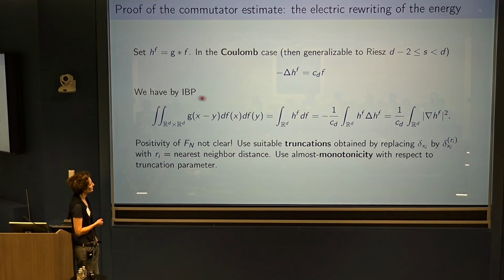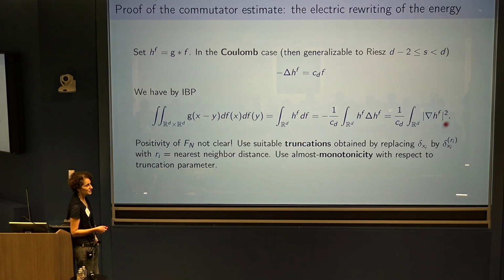You see that you have one convolution. You can rewrite as HF. And then F. OK, but F is the Laplacian of HF. And then you apply integration by parts, Green's formula, you find yourself like that. So this is the electric formulation. You rewrite a sort of sum of pair interactions or a double integral into a single integral in terms of the electric potential. And so actually gradient of H is physically the electric field.